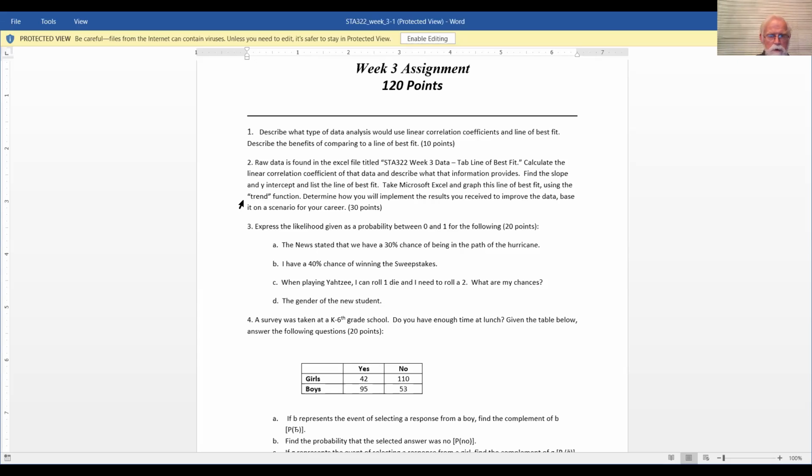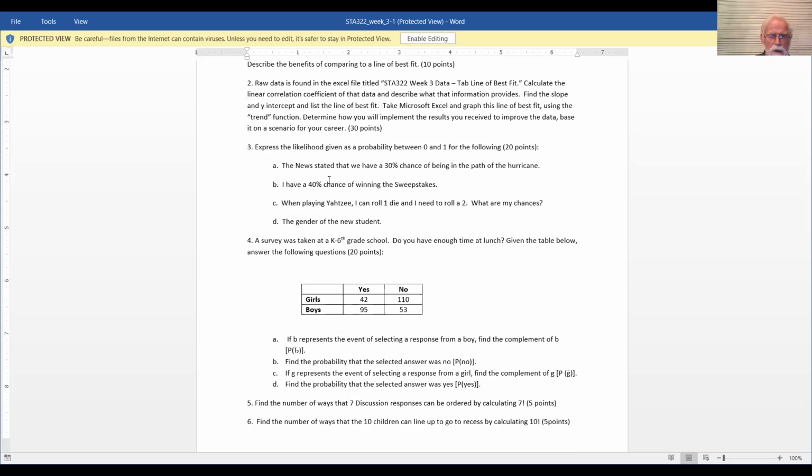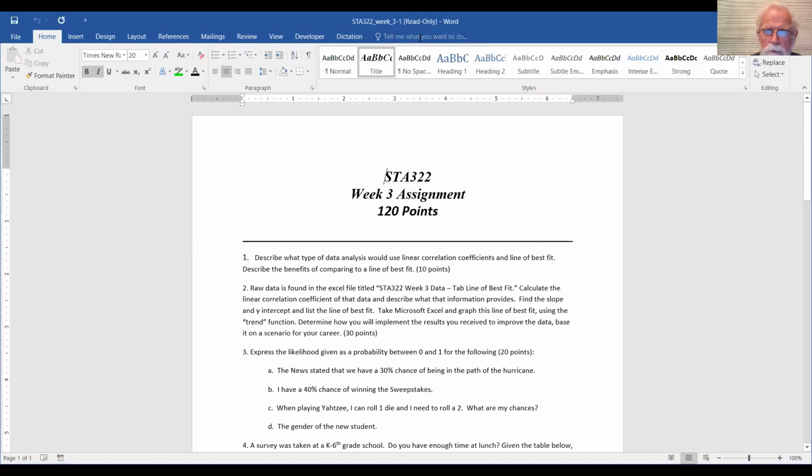But don't try to use this trend. It will just frustrate you. Every time I do this, it gives me some results that don't make sense. So there is a difference in those assignments.